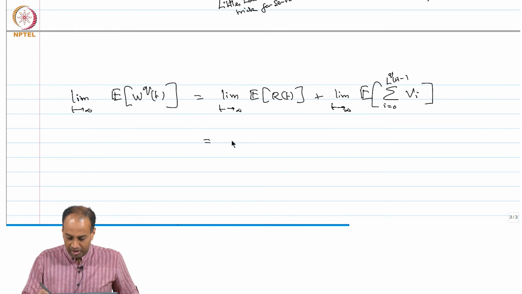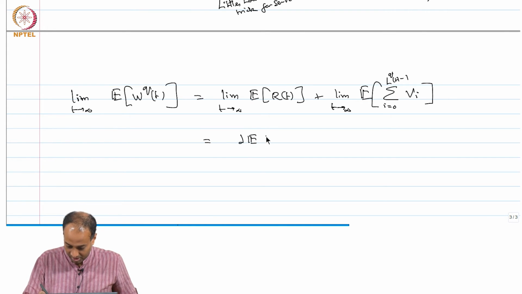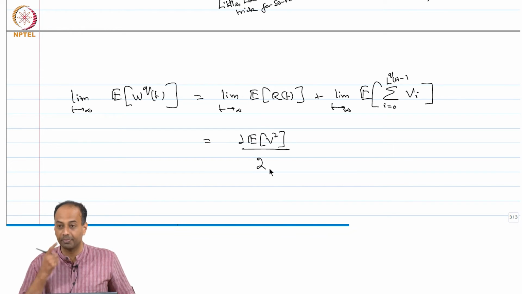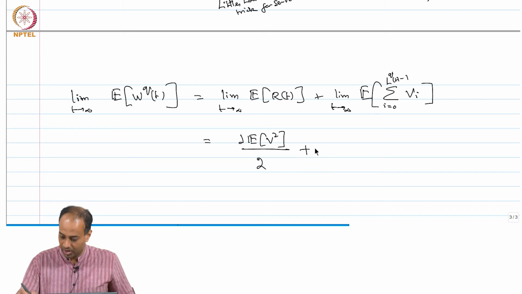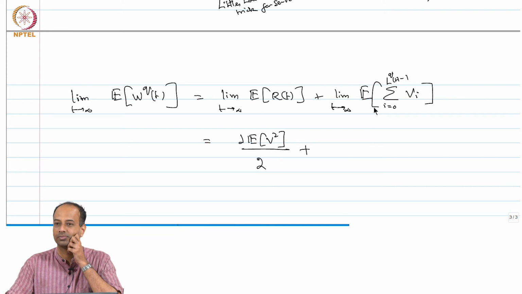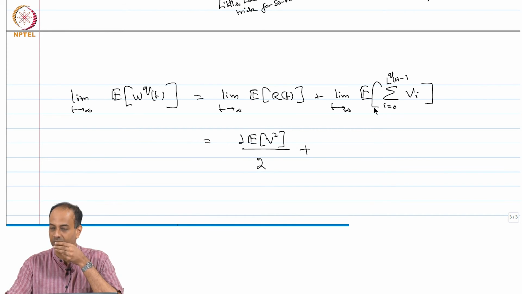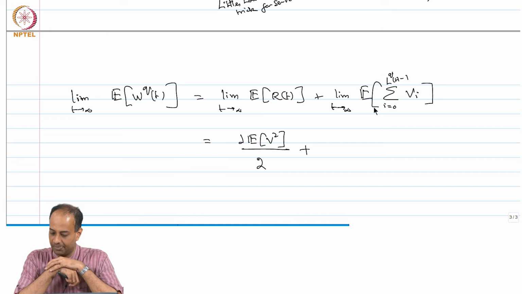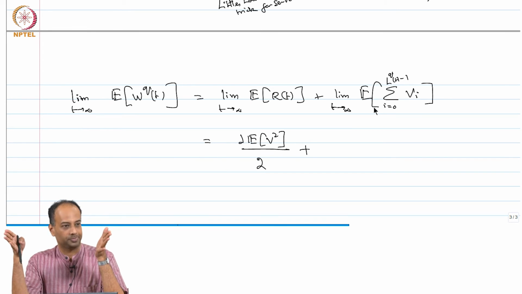So, the first term I know, which I just calculated, it is lambda expectation of V square over 2, plus what is this? Now, this is a sum of the Vi random variables.